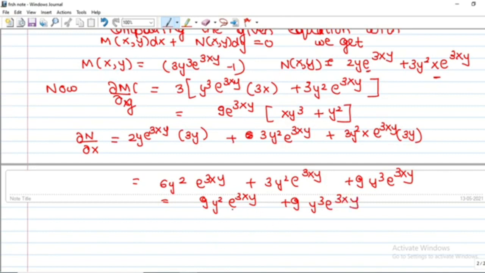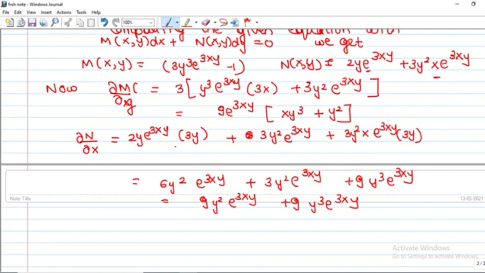Are we making any mistake? Here N(x,y) is 2y e^(3xy) and this one is 3y² x e^(3xy).